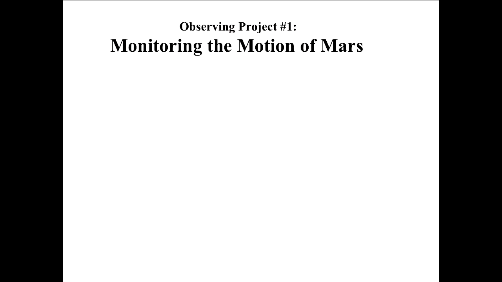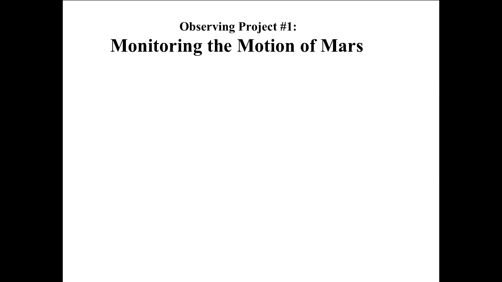Your observing project, if you're up for it, is to detect, if you have good eyes, the motion of the planet Mars in the night sky. Can you see, over the course of weeks, the motion of Mars, the planet Mars, against the background stars?